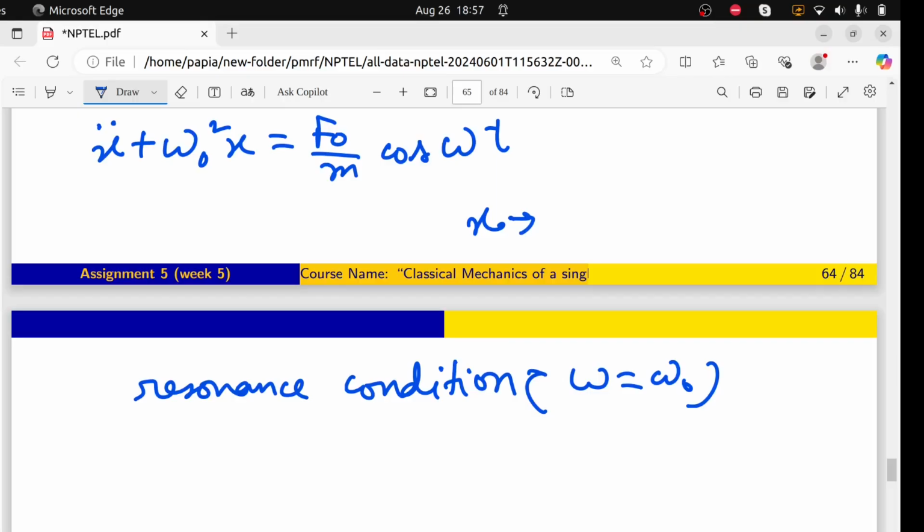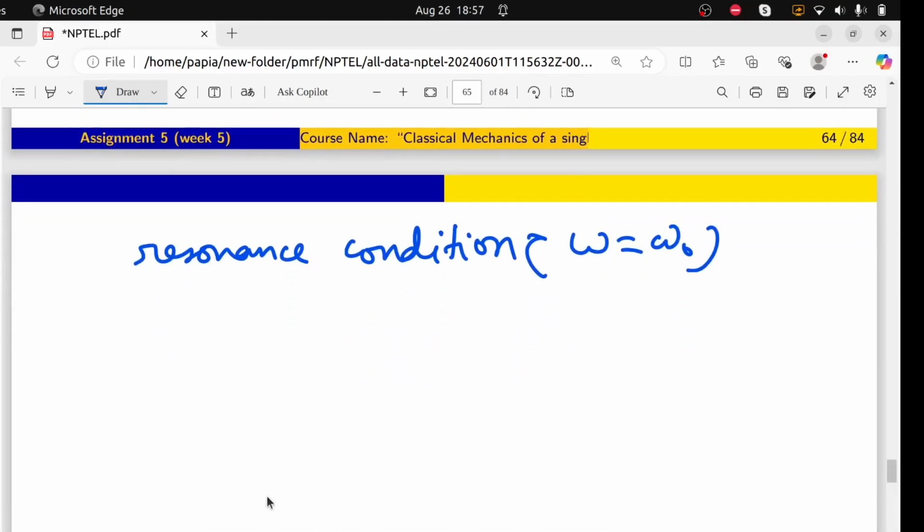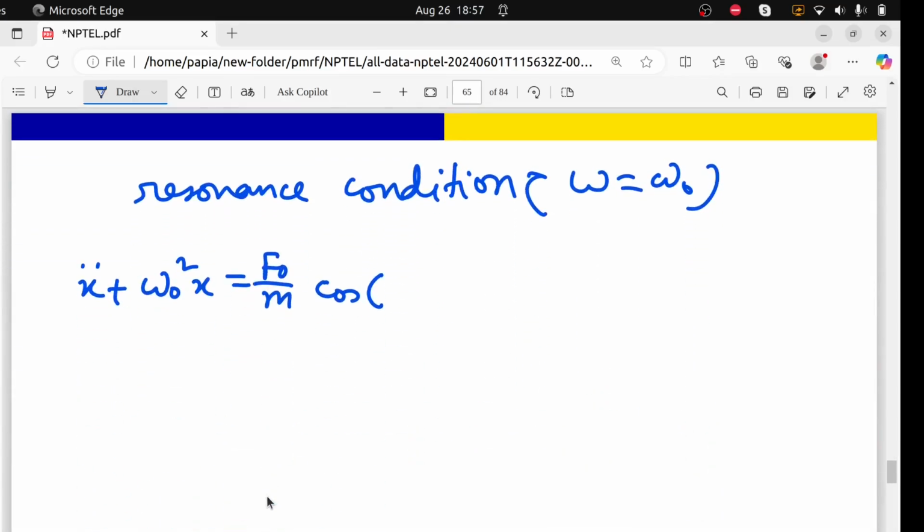Okay, so let me write another trial solution for that x. I have x double dot plus omega 0 squared x equals F0 by m cos omega t.